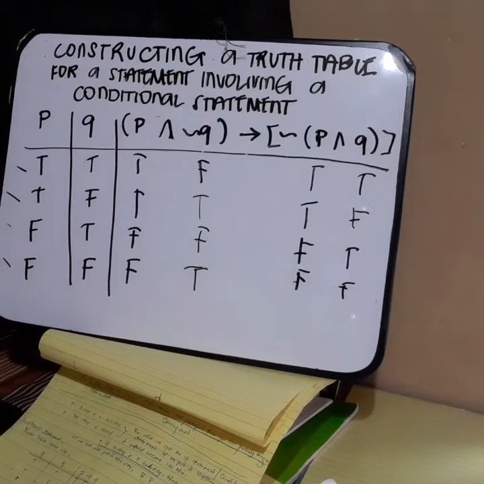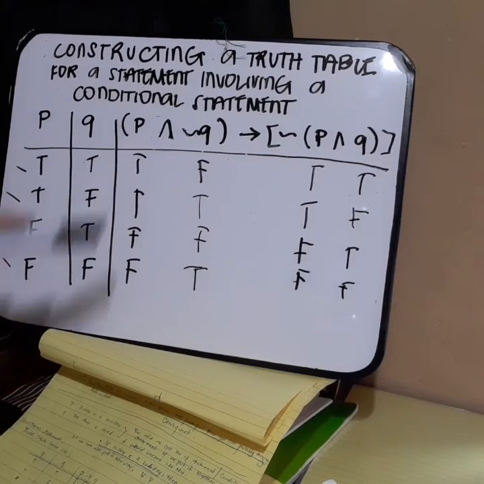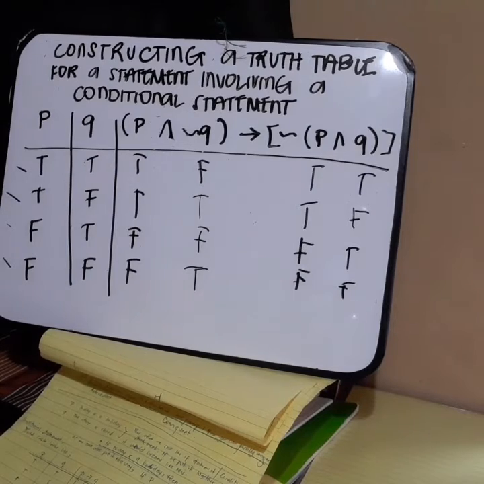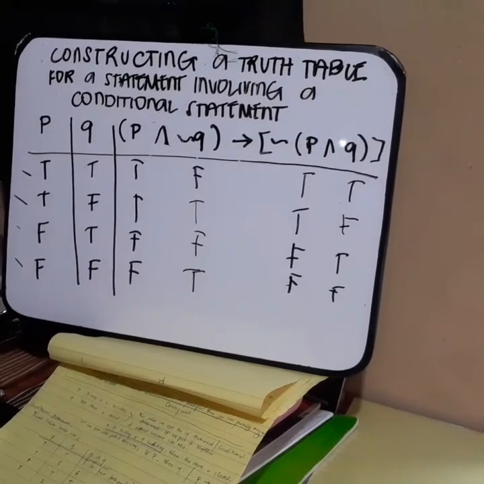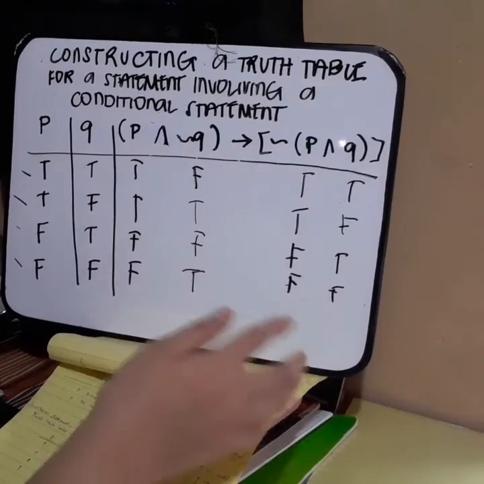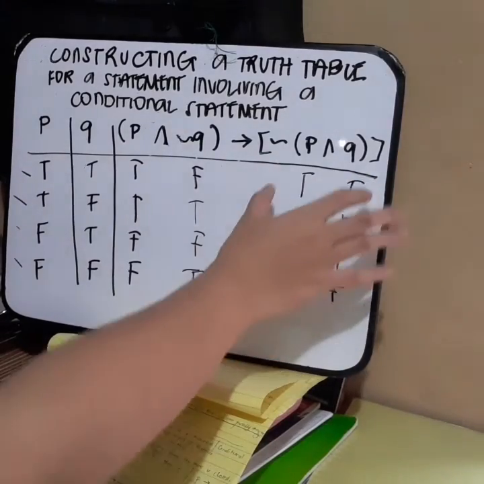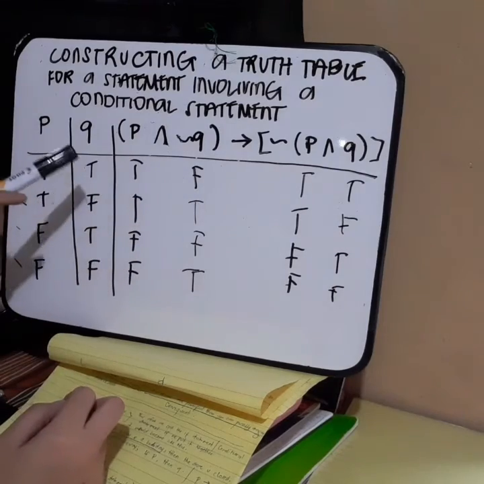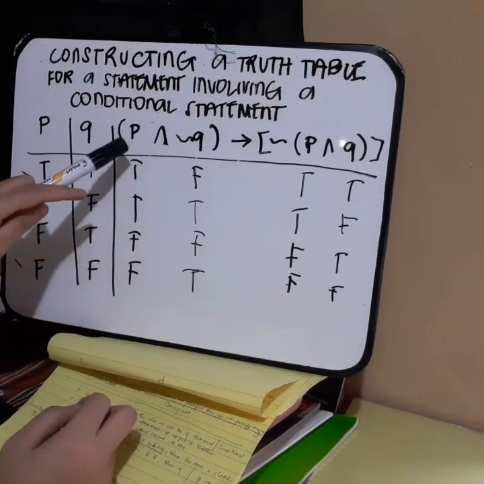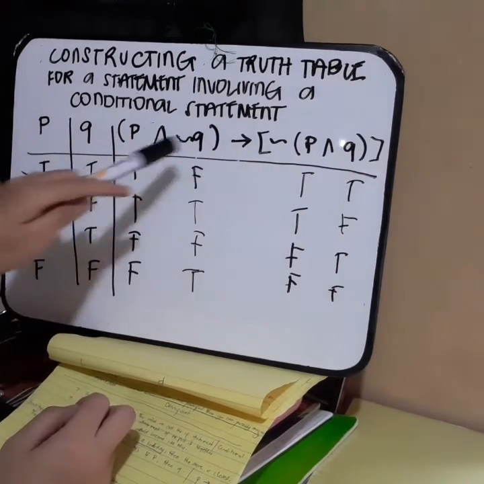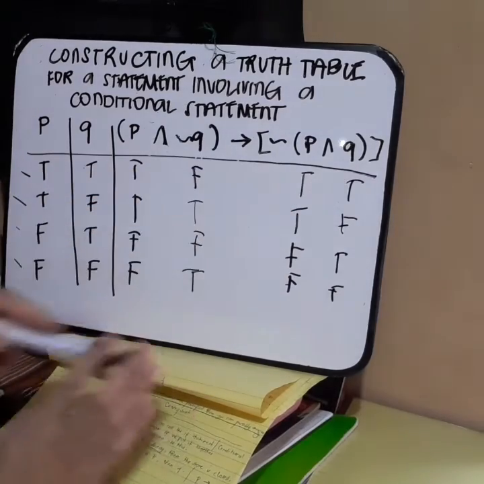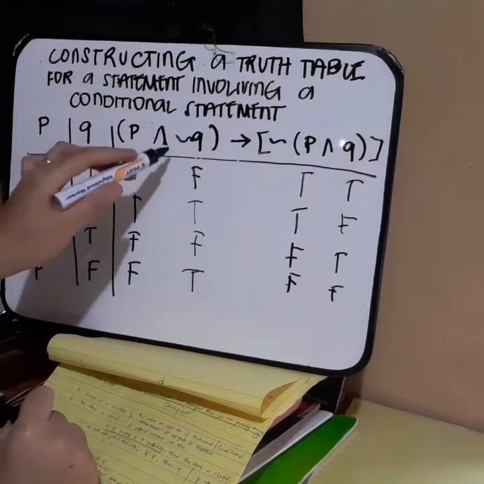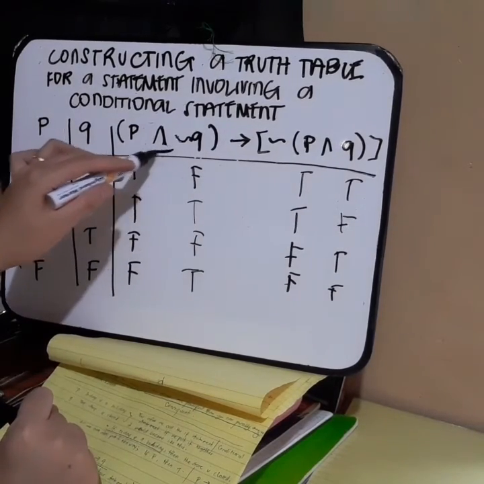Now, how are we going to get this AND? So, ayan. Natapos na nating ilagay yung bawat true and false statement sa bawat letters ng P, Q. Now, we're going to put or answer yung AND, yung connective na AND.